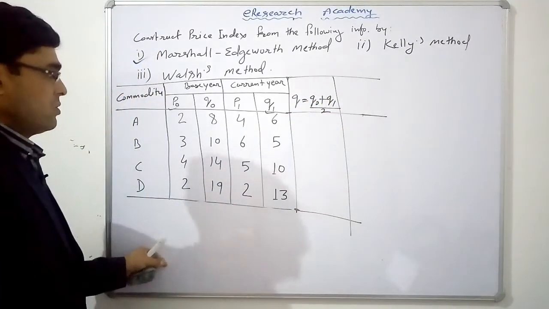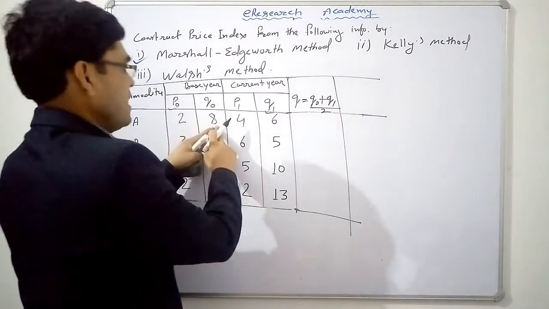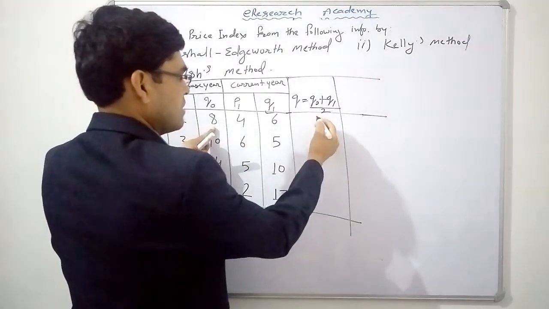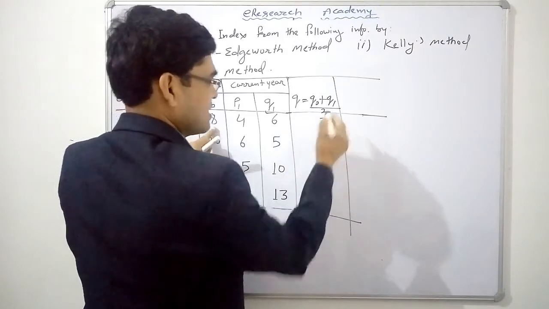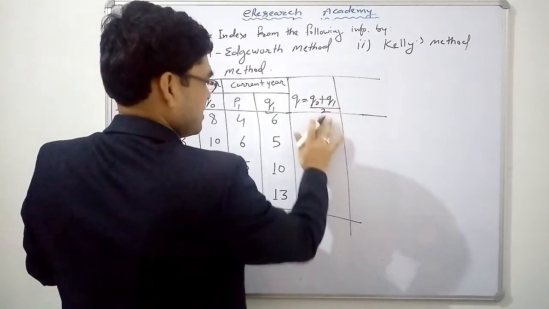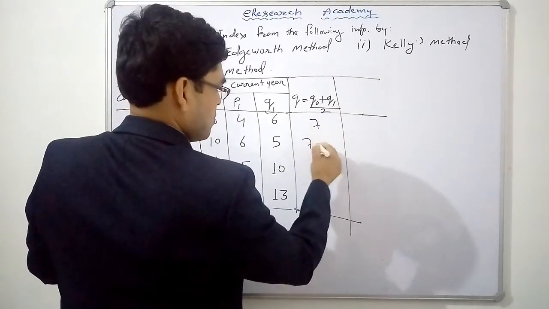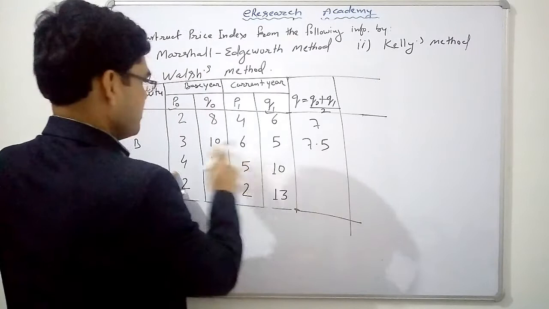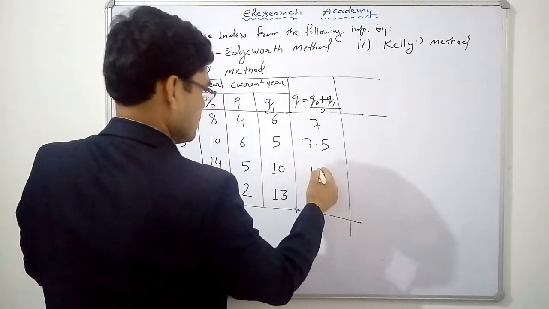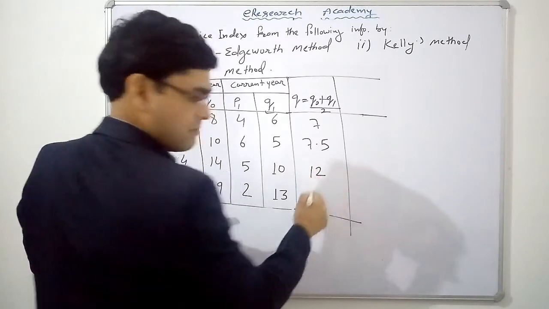Now Q0 we have 8, Q1 we have 6: 8 plus 6 is 14, 14 by 2 is 7. Next, 10 plus 5 is 15, by 2 it is 7.5. 14 plus 10 is 24, by 2 it is 12.